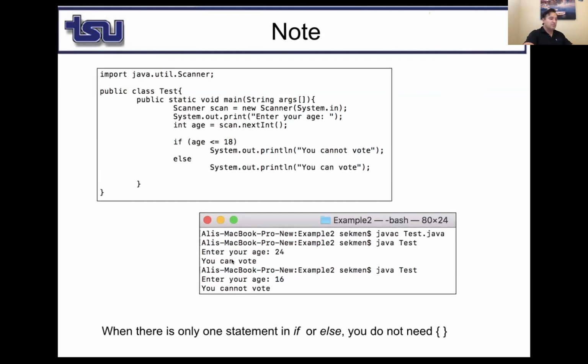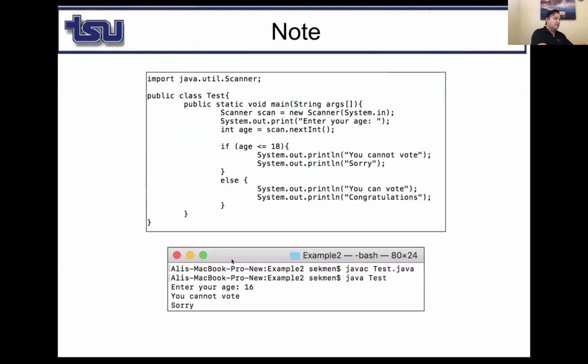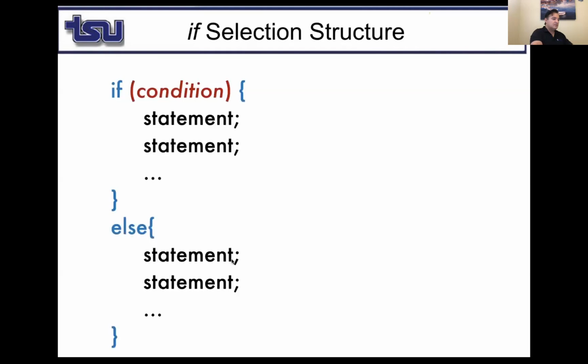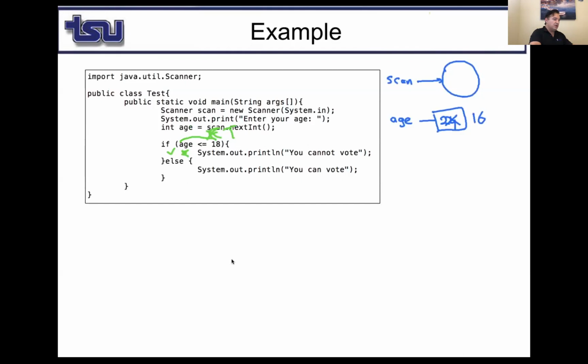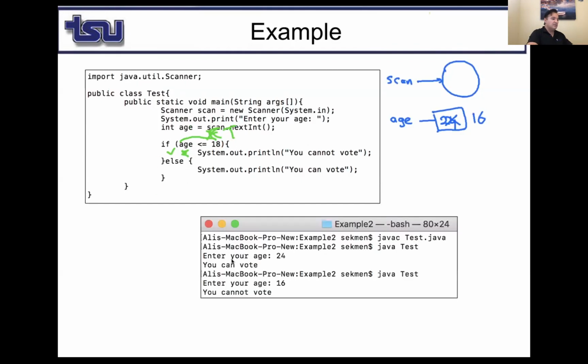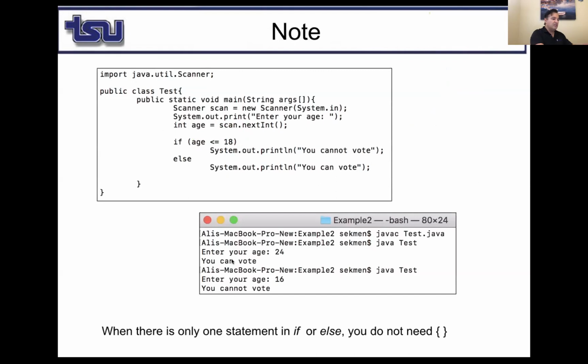Here is another example. It is the same as the previous one. The only difference is that in the previous one, I had the left and right braces here, but in this example, I don't have any braces.